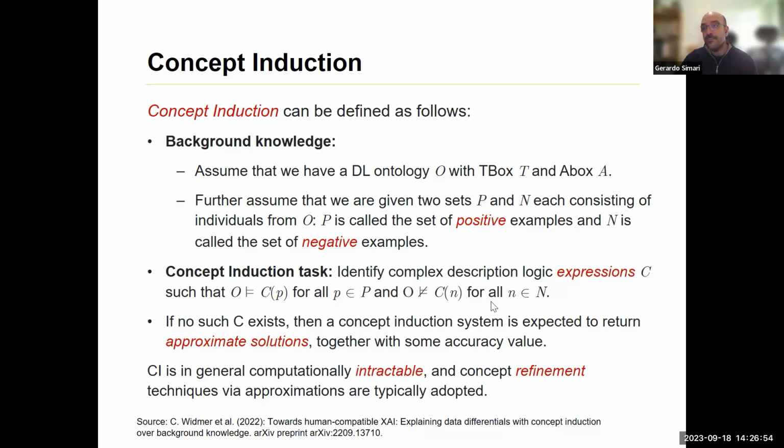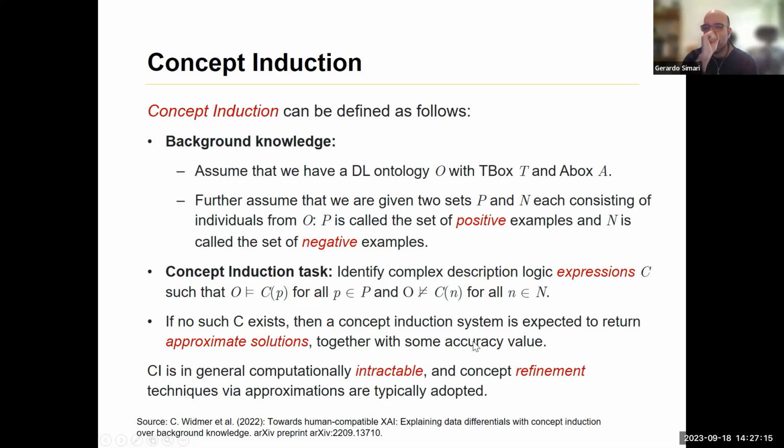It might be the case that no such expression exists, because there's no guarantee that that will happen. But in that case, it's expected that the system will return some sort of approximate solution with some accuracy value.